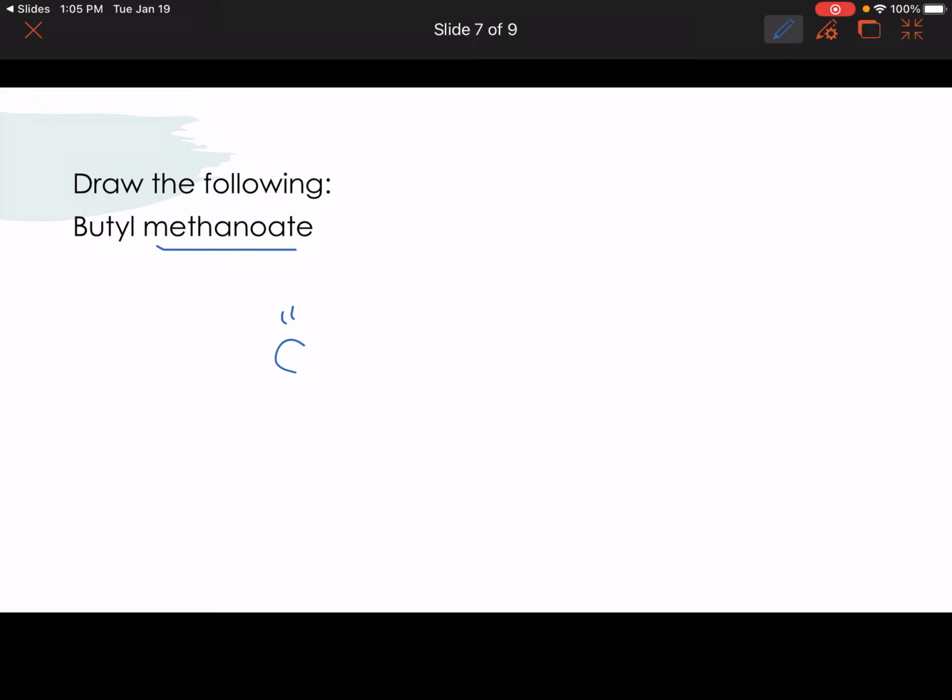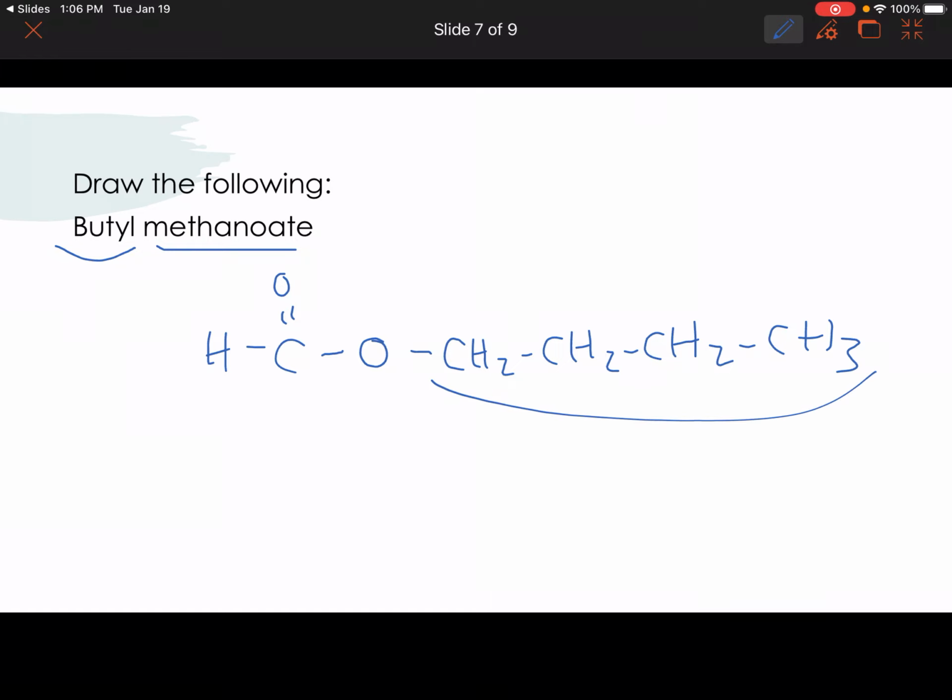So 1 carbon. And then that's going to hook up to the alcohol, the oxygen that was from the alcohol. And then butyl is 4, right? So it's going to be CH2, CH2, CH2, CH3. So butyl methanoate, okay? So that's where that came from.